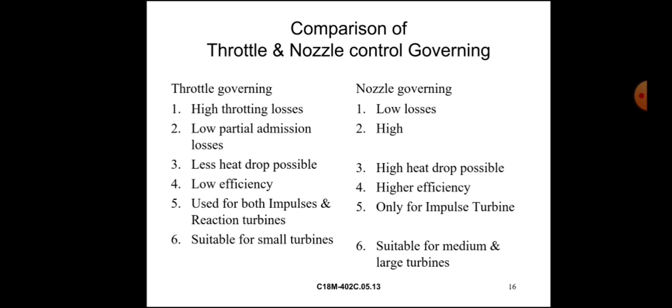In nozzle governing, high heat drop is possible. Throttle governing has low efficiency, nozzle governing has higher efficiency. Throttle governing is used for both impulse and reaction turbines. Nozzle governing is only for impulse turbines. Throttle governing is suitable for small turbines.